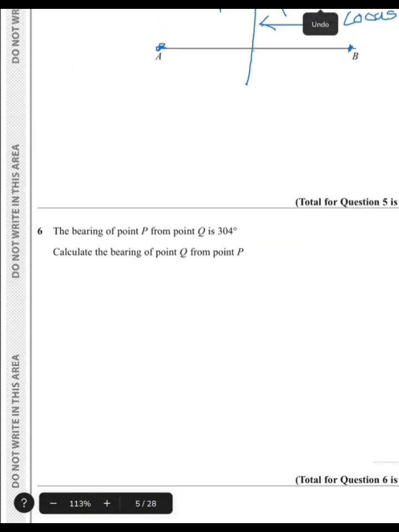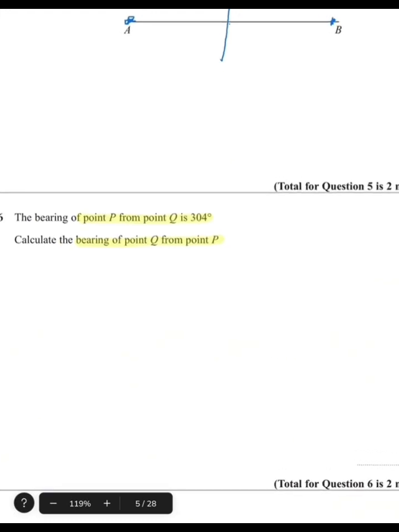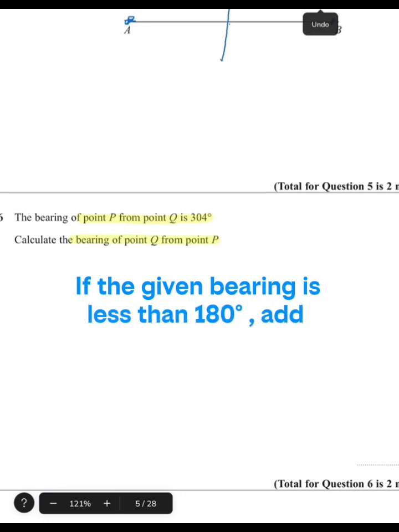This is the next question. The bearing of point P from point Q is 304 degrees. Calculate the bearing of point Q from point P. Since it's 2 marks, we can do it an easy way. There's this rule I always like to use for these easy questions: if the given bearing is less than 180, add 180.